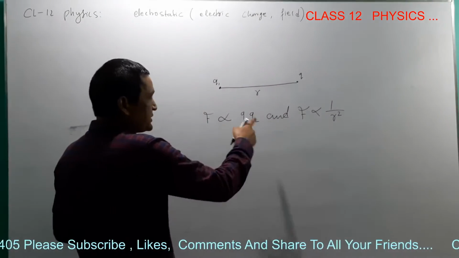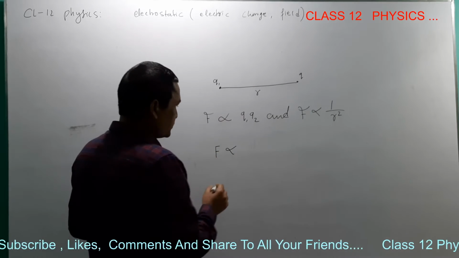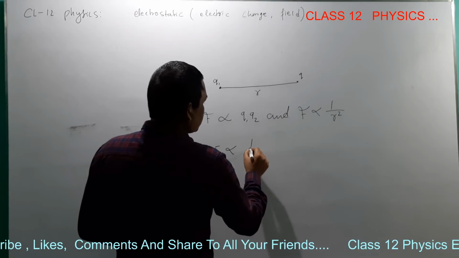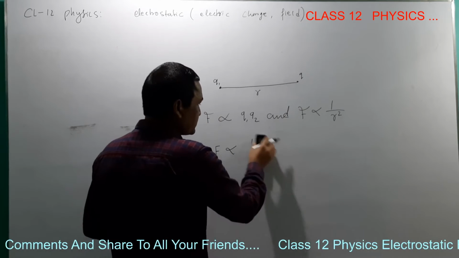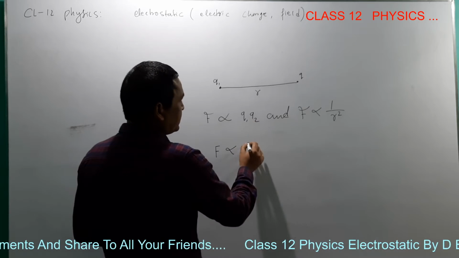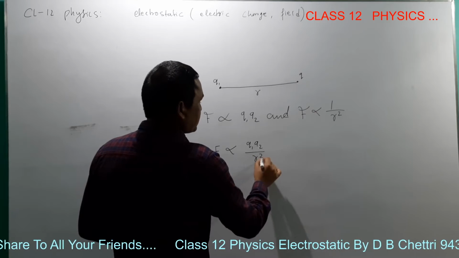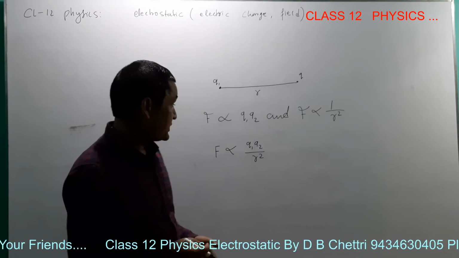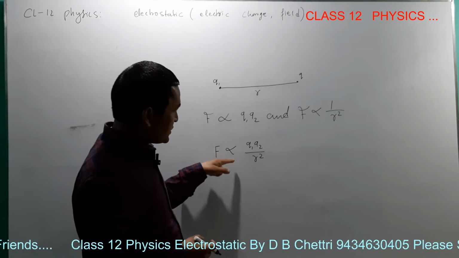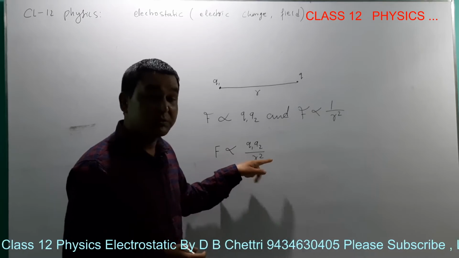According to this statement, if you combine these two statements, then F is proportional to Q1 Q2 by r square. That means the Coulomb's force between 2-point charges is directly proportional to Q1 Q2 and inversely proportional to the square of the distance between them.